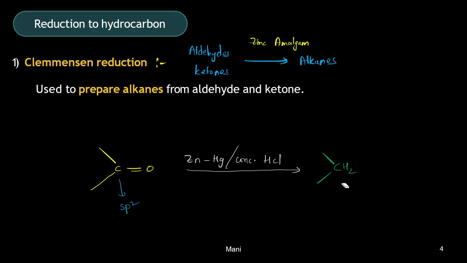And on this carbon, all are single bonds, so it is sp3. So let's see an example for the Clemmensen reaction.